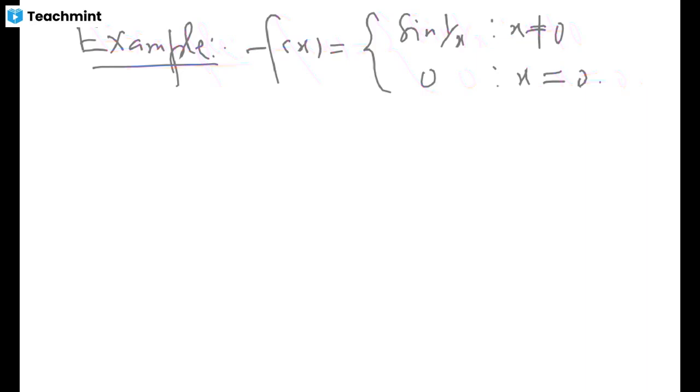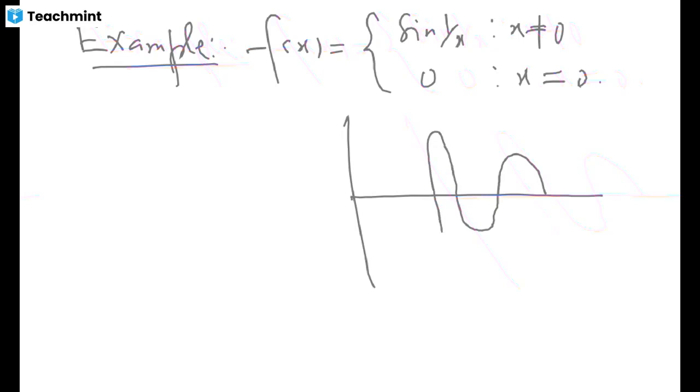If you look at the behavior of this function, if you plot the graph, the closer you come to 0, initially it will behave the way the sine function behaves, but as you come closer and closer to 0, because the sine function is a 2 pi periodic function, once x comes closer and closer to 0, 1 by x becomes larger and larger, and so the vibration of this function becomes too fast.